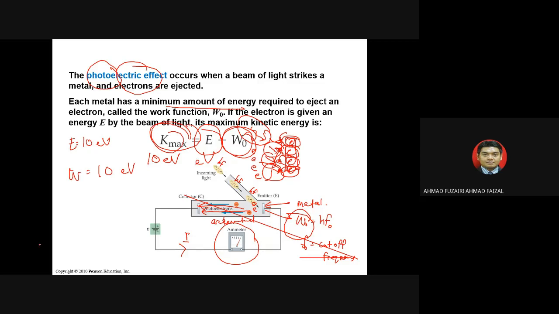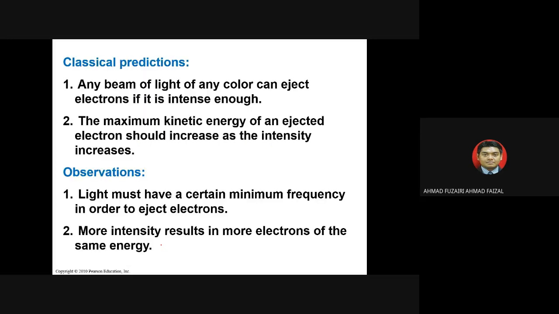If you have E equal to 20 electron volts, for example, just a random value, and the work function is 10 electron volts, then Kmax is definitely 20 minus 10, which gives 10 electron volts. So that is what we call the photoelectric effect.